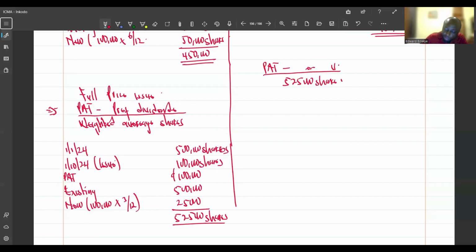Then it means we are going to get our earnings per share at full market price to be what? 100,000 divided by 525,000 shares.